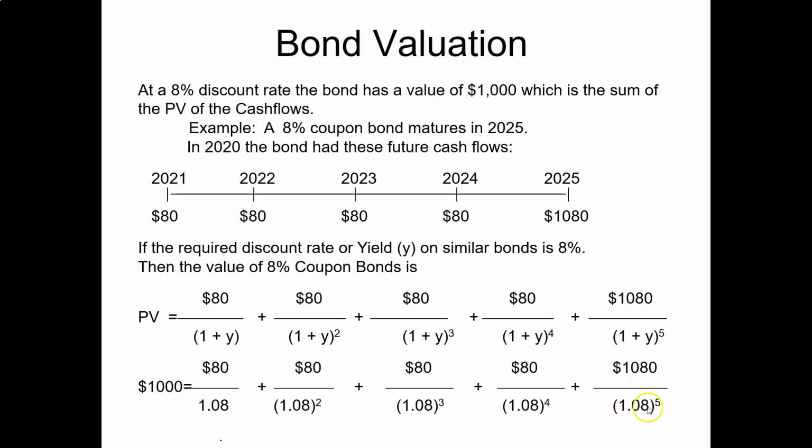In the 5th year, we receive the cash flow as $1,080. The discounting factor for the 5th year will be 1 over 1 plus interest rate to the power of 5. So the present value of the cash flow 5 years later is $1,080 over 1.08 to the power of 5. Then we aggregate all the cash flows together. We can calculate the present value for this bond is $1,000.